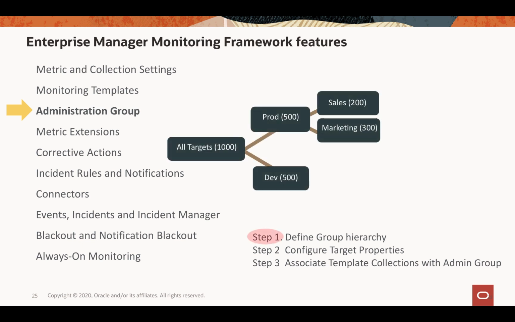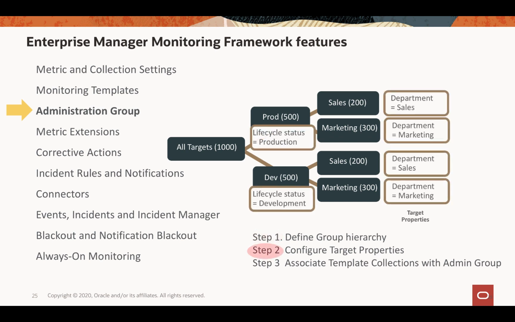First, you need to define the group hierarchy. And technically, the group hierarchy is defined by target properties, such as lifecycle status equals production, or department equals sales. And as a final step, associate the template collection, which is the package of the monitoring template.